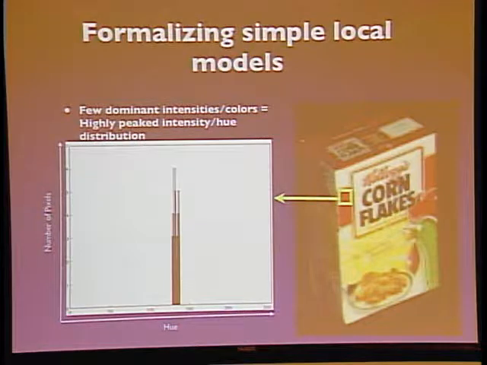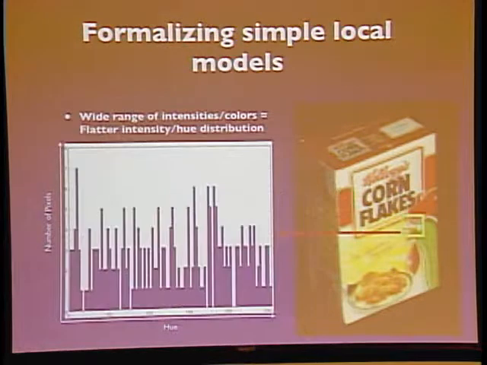The more mathematical way to say that is that the entropy of this histogram is very, very low, and the entropy of this histogram is very, very high. Entropy is basically another term for uncertainty. The idea came largely from the signal processing literature and from communications theory back in the 40s or so.